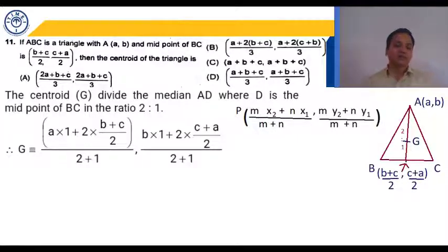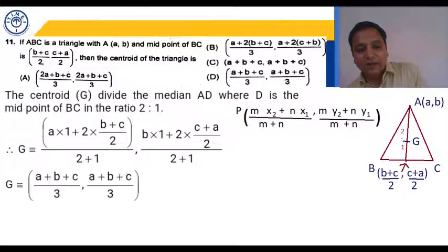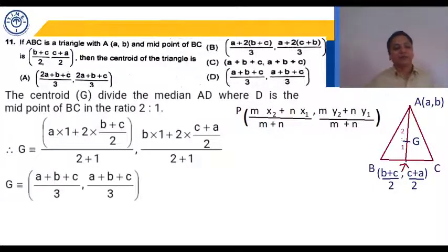It's an internal division, so we apply the internal division formula. 2 and 2 cancel out. So a into 1 is a plus b plus c by 3, and b into 1 is b, then c plus a by 3. So we simply have (a plus b plus c) by 3, (a plus b plus c) by 3.